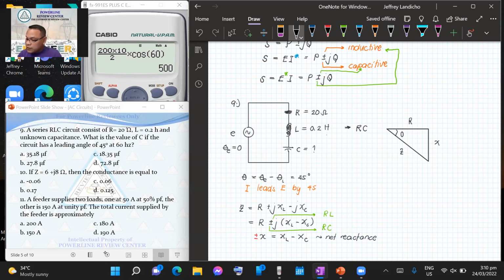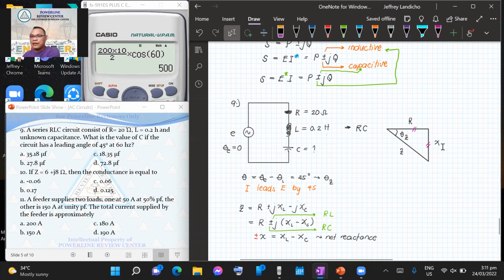And this angle is our theta sub C. Since the current is leading, our impedance is below, so we know this given angle is the angle of your impedance, our theta sub Z, which is 45 degrees. If it is 45, then this right triangle is an isosceles right triangle, because the angle of our impedance is 45.